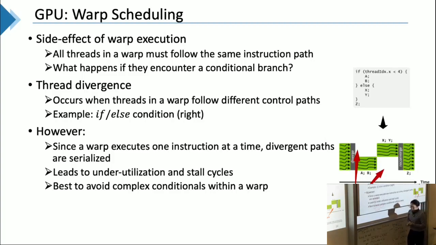You have 8 threads in total, and you want the first 4 threads to perform some computation, and you use an if-else condition to make the remaining 4 threads perform other computation.